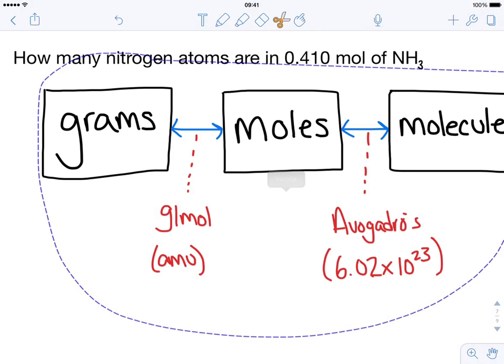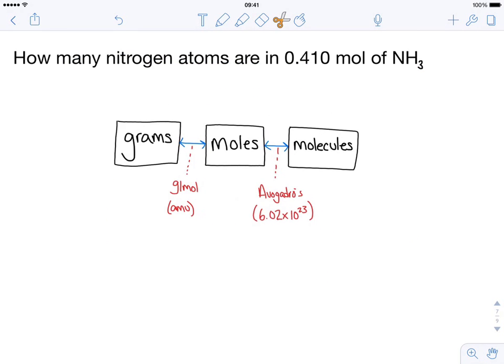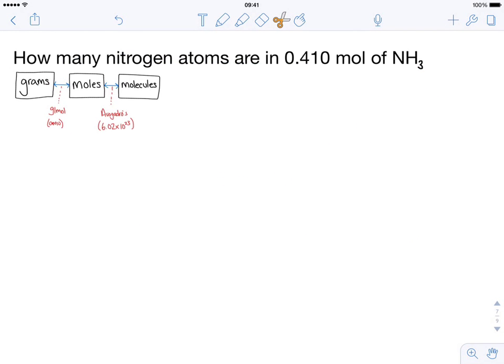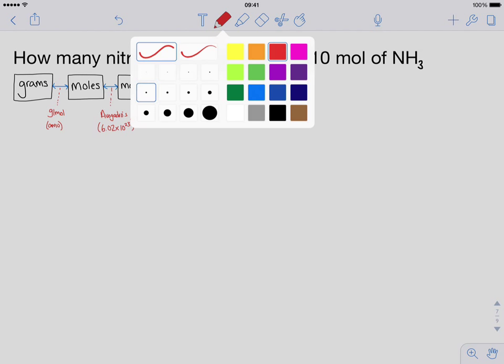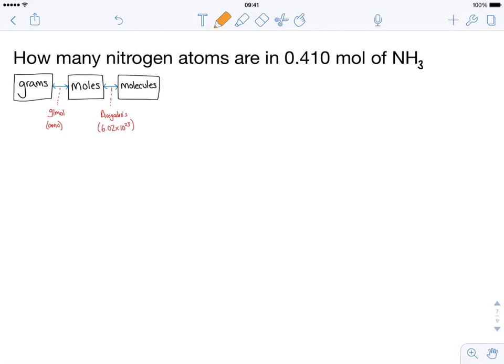Let me paste our roadmap here. How many nitrogen atoms are in 0.410 moles of NH3? Okay, so this question is a little bit more difficult. First, let's see what we're given. So we are given 0.410 moles of a substance.